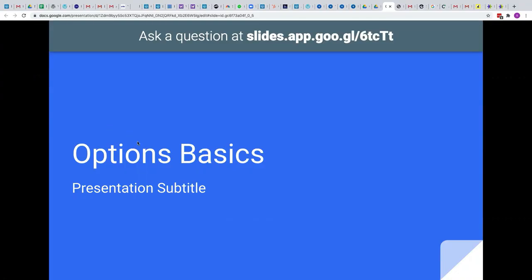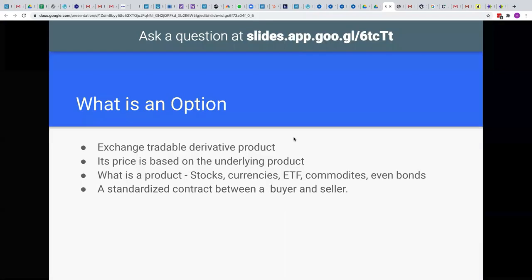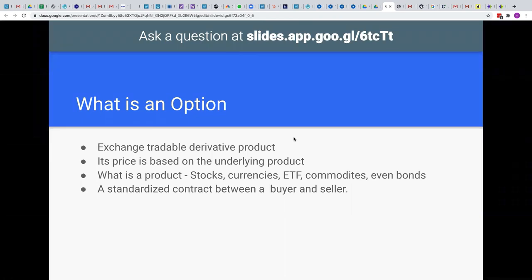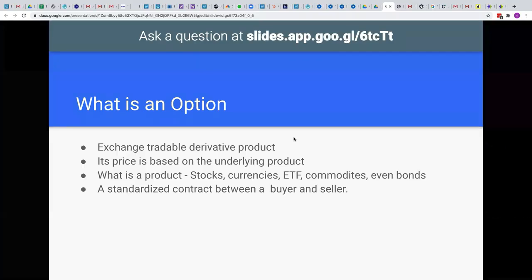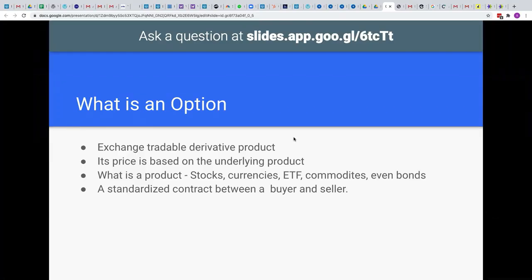So let's move on. First of all, what is an option? An option is, in the trading world, an exchange tradable derivative product. When we think of derivatives, most of you on this call might be owning homes, and you would have heard about mortgage-backed derivatives, something like that, right?